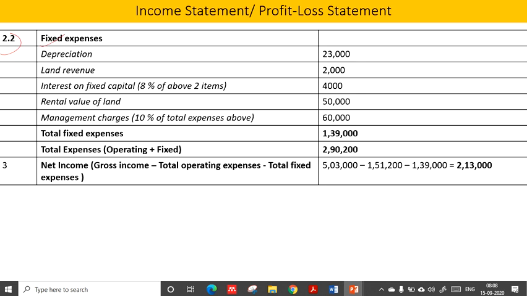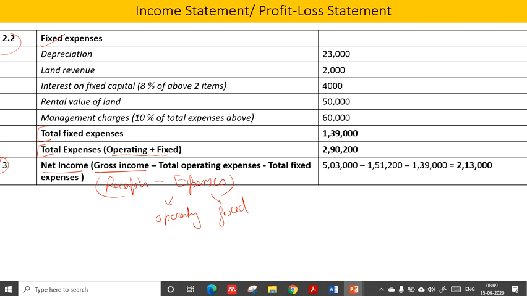Then comes total fixed expenses and total expenses, operating plus fixed. Then the third part is net income, that is gross receipts minus expenses. This is the formula. Expenses are of two types again, operating or fixed.